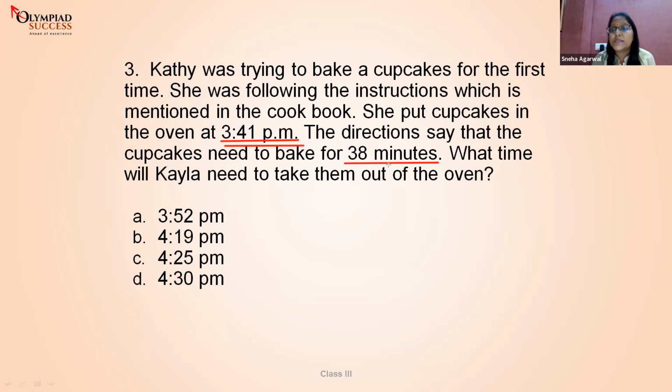At 3:41, she is putting the cupcakes inside the oven and she needs to bake it for 38 minutes. So at what time will she be taking them out? Come on, tell me. You just need to add 38 minutes to that, which is very simple.